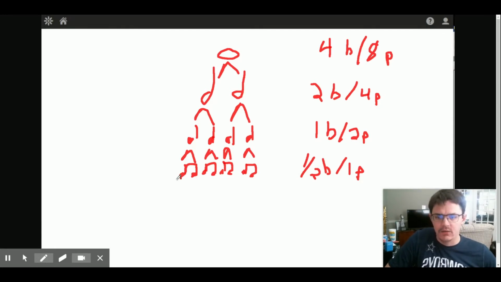If I break down my eighth notes in half, which you can do, I'm going to get what's called 16th notes. And the difference between 16th notes and eighth notes is they have a second bar going across. So I'm going to draw all of my 16th notes if I have room.